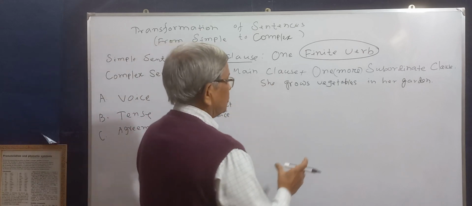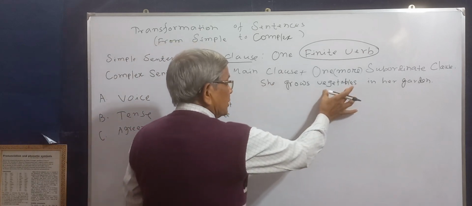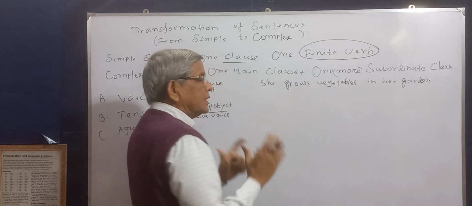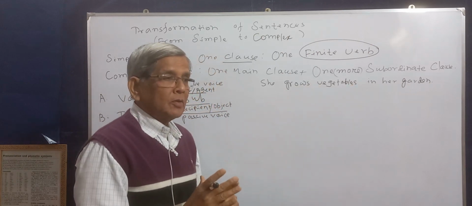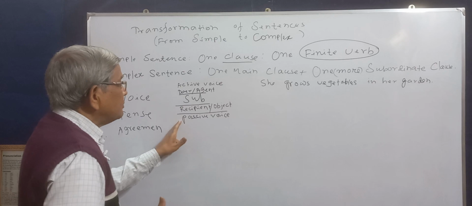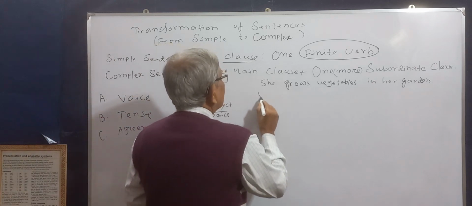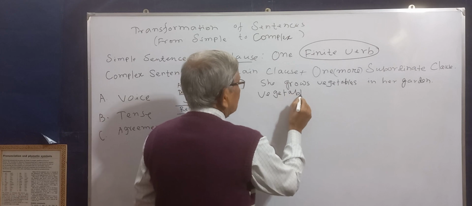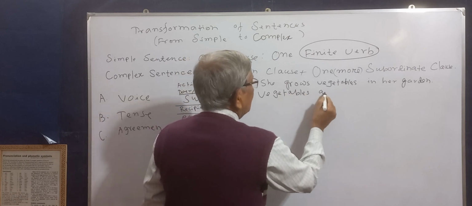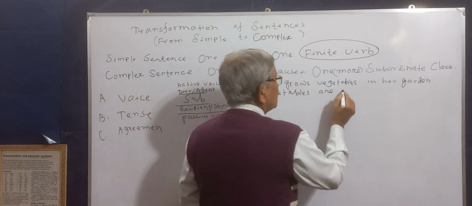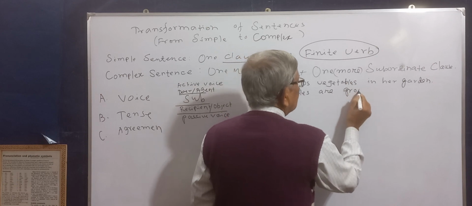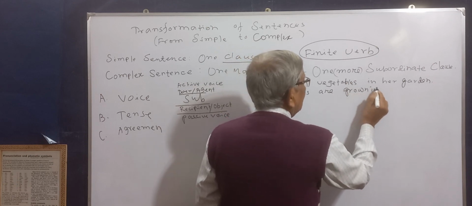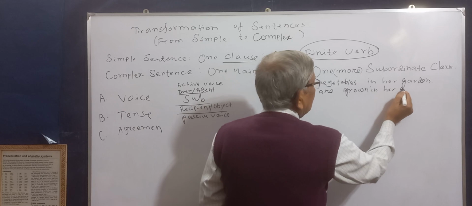Now we can use the object, the recipient of the verb, as the subject of the sentence, when we will get the passive voice. Vegetables are grown in her garden.